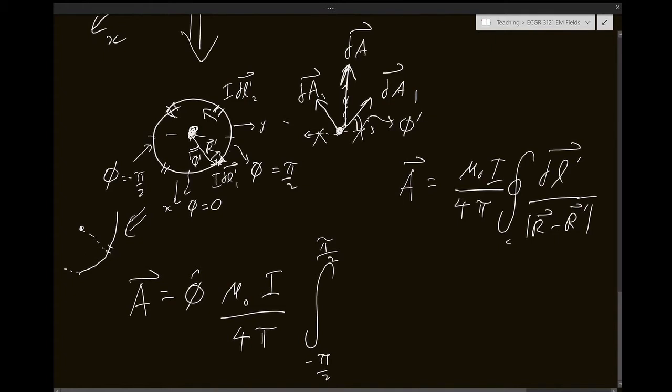So this angle now, let's take the tangent, right? The element is in this direction, right? And then, so this is phi here, right? And this is 90 degrees. So this angle here, this angle plus 90 degrees is going to equal phi, right?